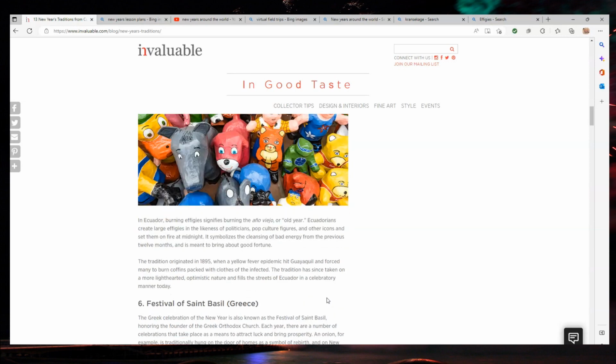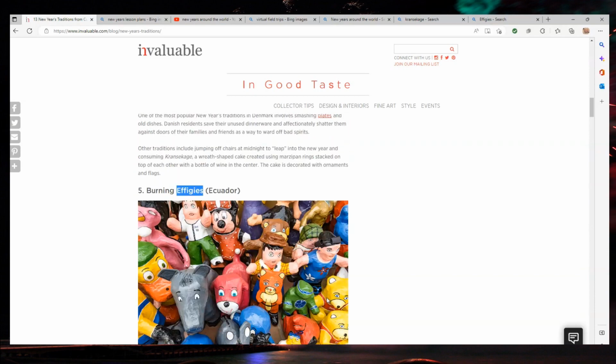The tradition originated in 1895 when a yellow fever epidemic hit and forced many to burn coffins packed with clothes of the infected. The tradition has since taken on a more lighthearted, optimistic nature and fills the streets of Ecuador. That's pretty cool.